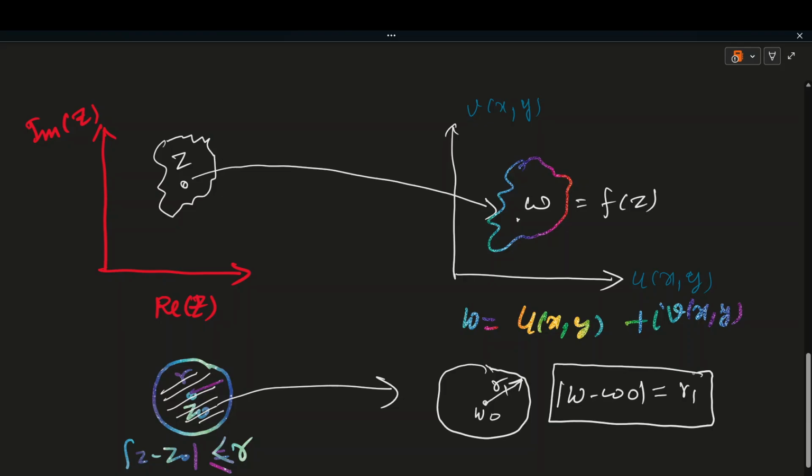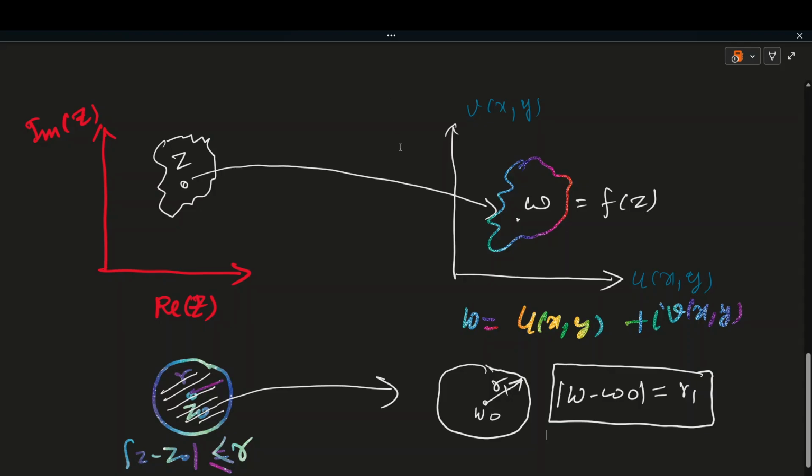So what I'm saying is, as many points as you take in the complex plane as input, you will get as many in the output also. The main theme is that you take the input around z naught and you will get some output around omega naught. But from the limit point of view, we will make the distance between z and z naught small.